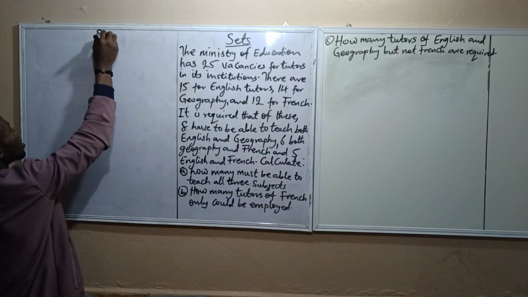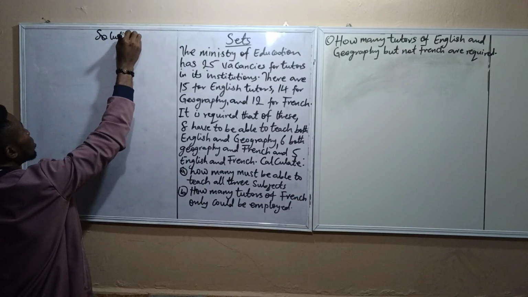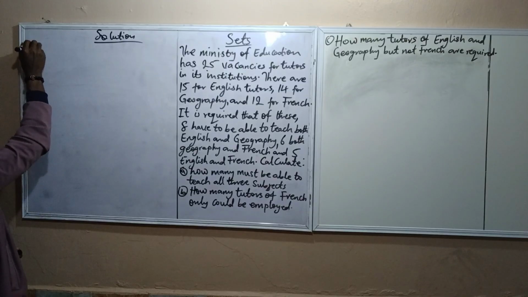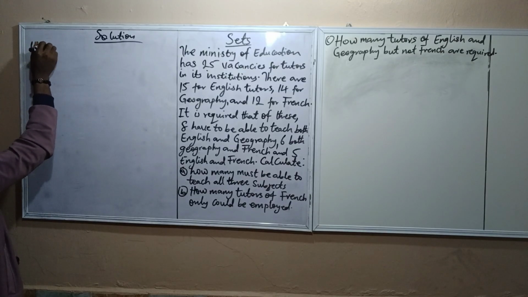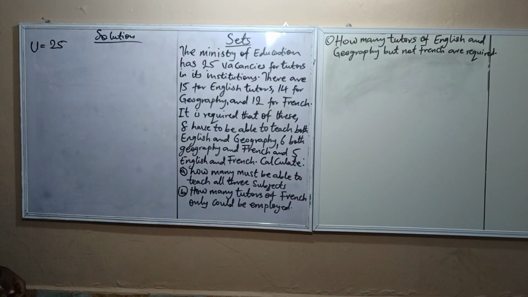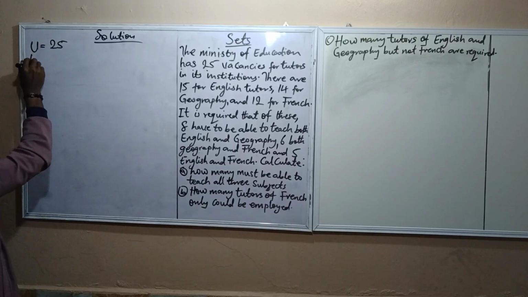Now let's start here. From the first line of the sentence, the Ministry of Education has 25 vacancies for tutors in its institution. The universal set equals what? 25. Now, there are 15 for English. Let's denote all this.